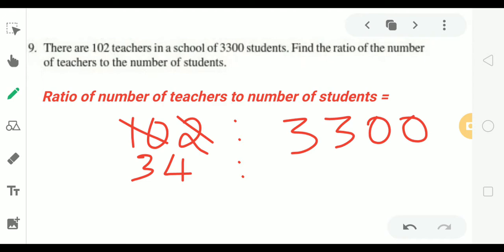Then in 3 table, 33 is 11 times, therefore 3,300 becomes 1,100.